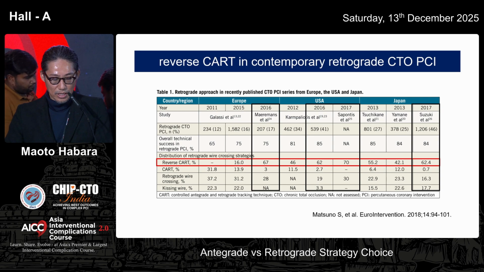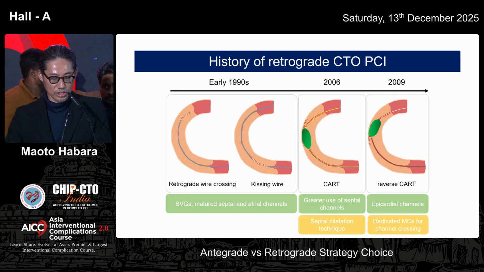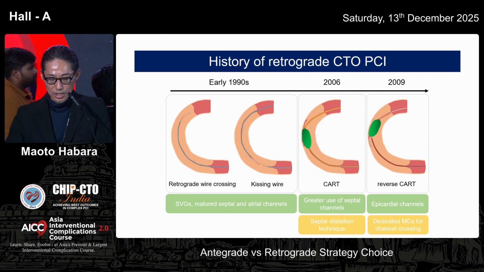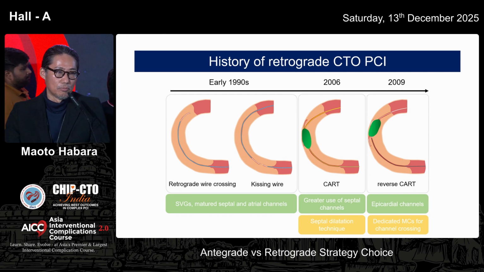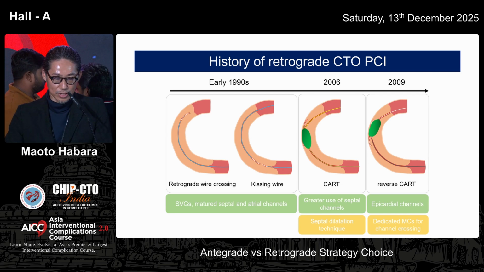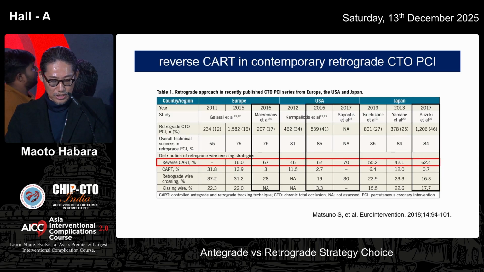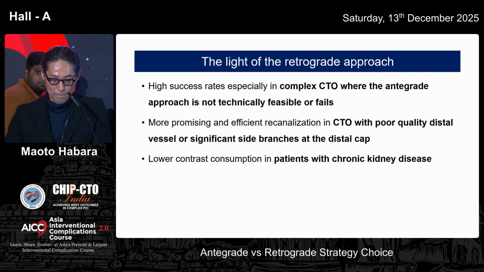There are the retrograde kissing wire technique and the reverse CART technique. Nowadays, almost all retrograde is done by the reverse CART technique, which shows more than 60%.